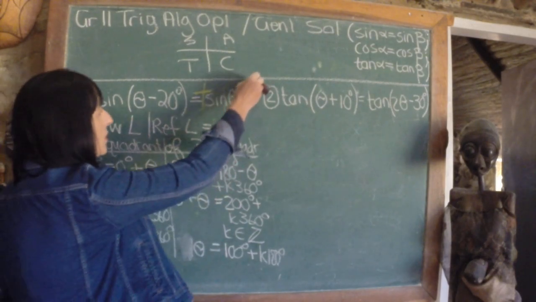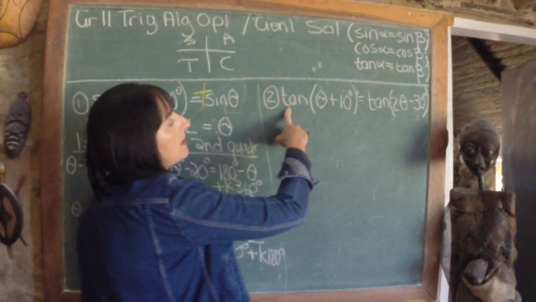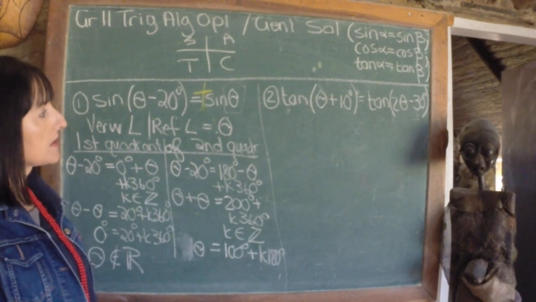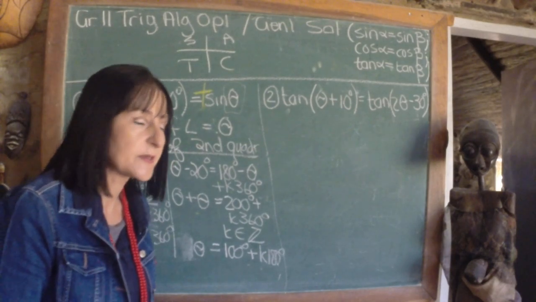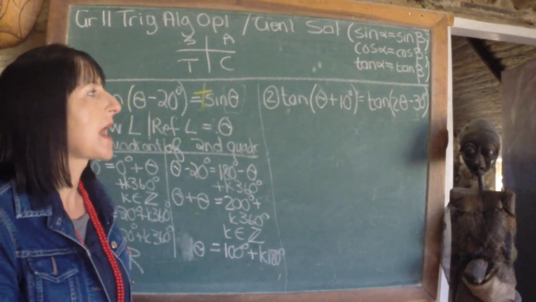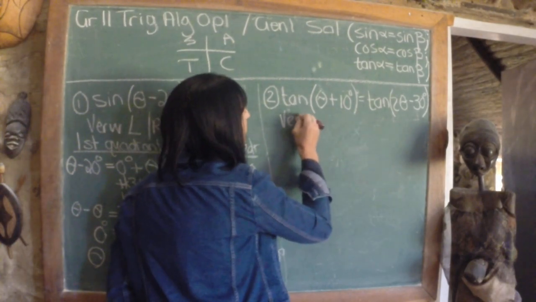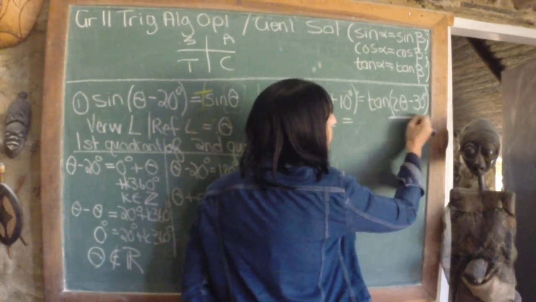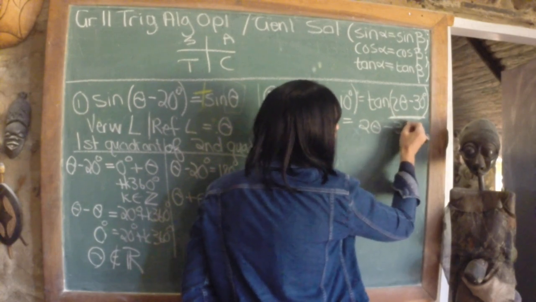Kom ons gaan kyk na nommer 2. Nommer 2 het ek weer eens 'n tan aan die een kant en 'n tan aan die ander kant. So die Trig uitdrukkings is dieselfde, so therefore the angles must also be the same. So we're going to do exactly the same. Ons gaan eers ons verwysingshoek neerskryf. Ons verwysingshoek is weer my hoekie aan die regterkant, 2 theta minus 30 degrees.